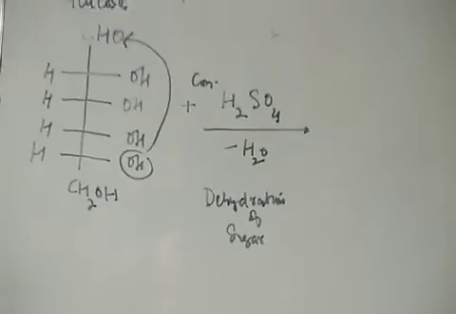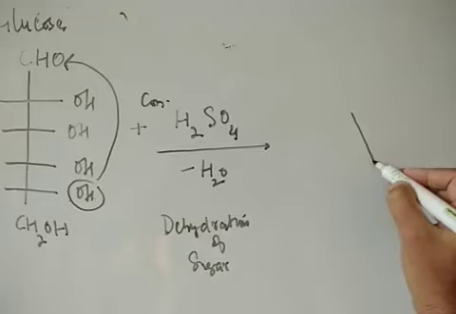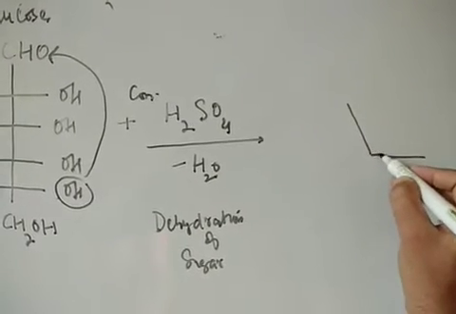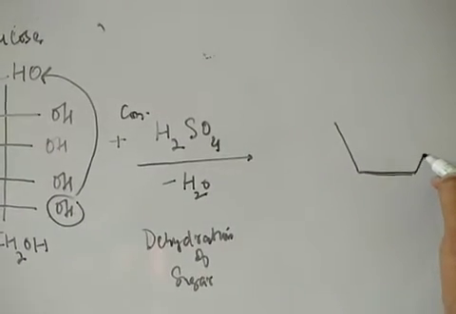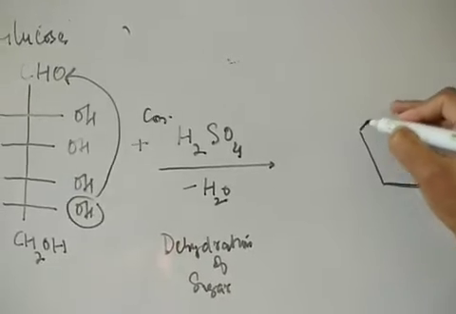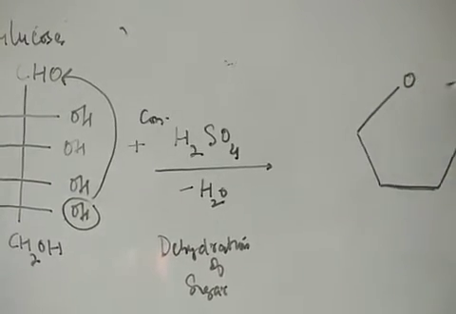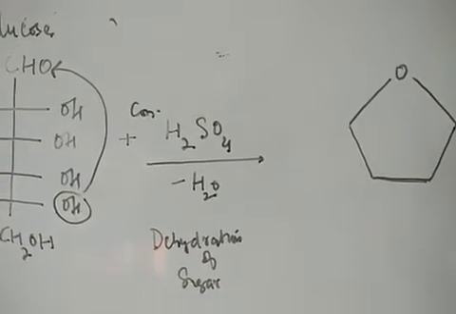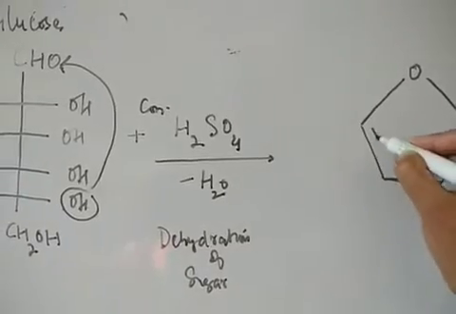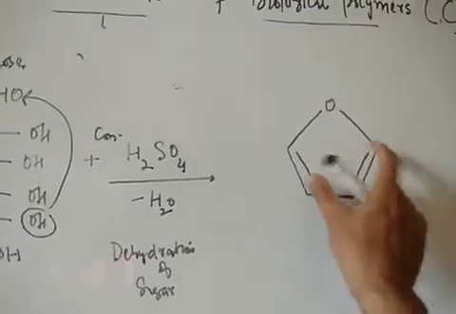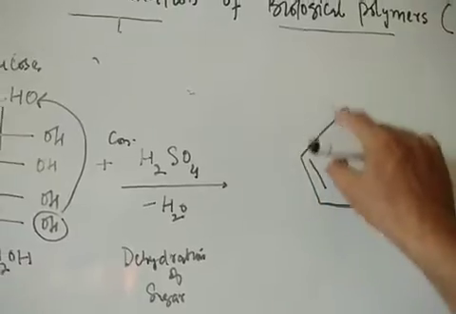So we'll get a type of structure. I will not go deep into it, as I said before regarding the mechanism, but up to the basic understanding, we'll get this type of ring. This is called a furfural ring: a 5-member ring with 4 carbons and 1 oxygen.